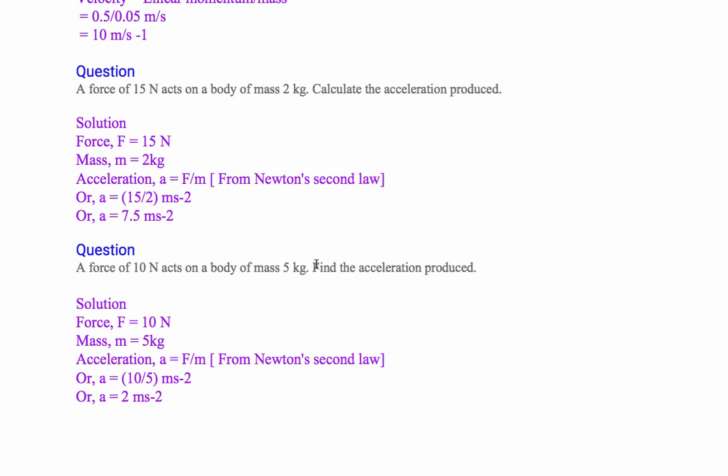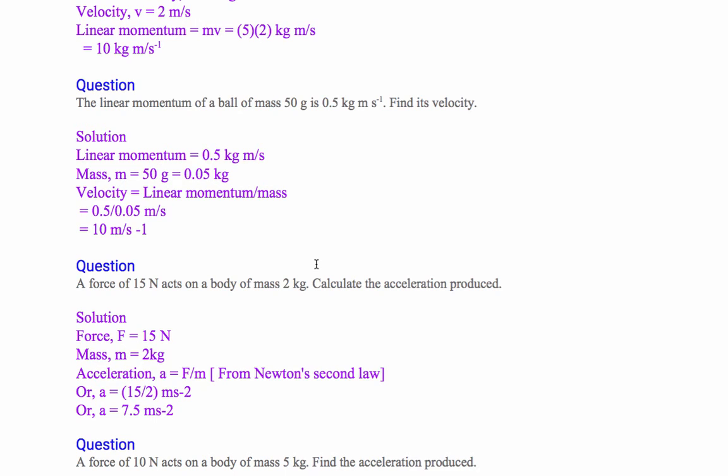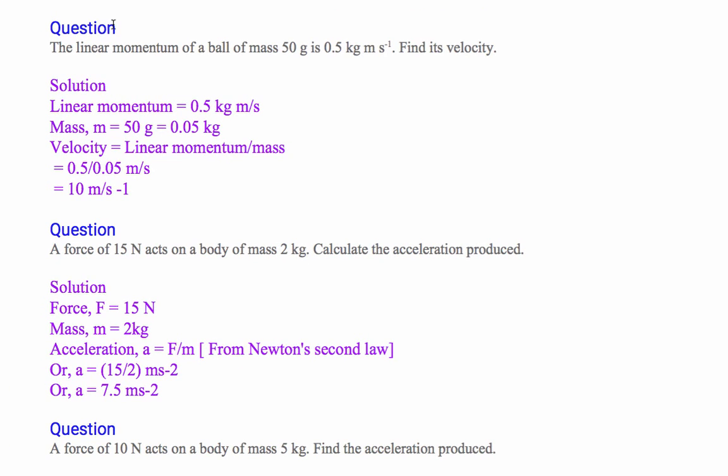First, go back. Second one. See the second one. The linear momentum of a ball of mass 50 gram is 0.5 kg meter per second. Okay. The formula for linear momentum is mass into velocity.